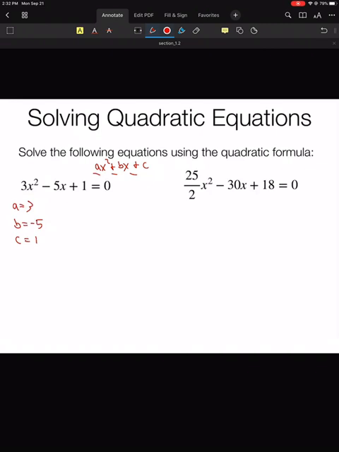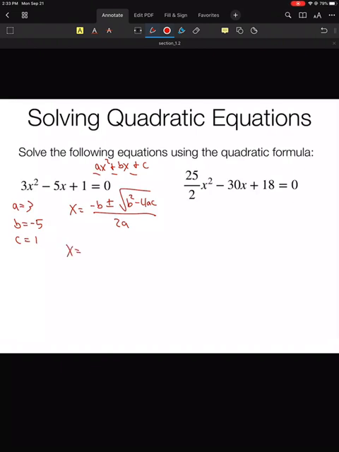Okay, so now that we have a, b, and c, we can use the quadratic formula. And for our sake, I'll write it here again. x is equal to opposite b, or negative b, plus or minus the square root of b squared minus 4ac, over 2 times a. Okay, and so now we substitute these numbers into the equation, and then we should get our answers back.